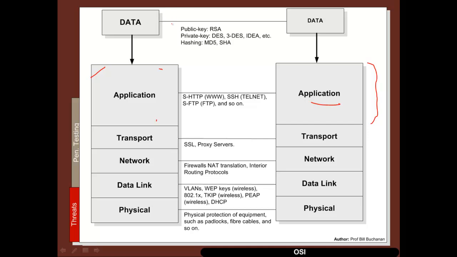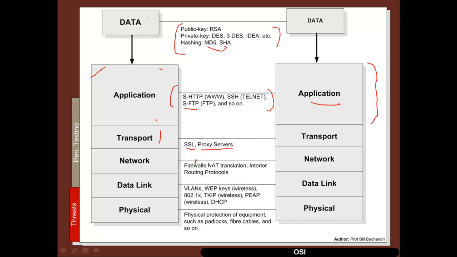So our data itself can be encrypted to keep it secure using RSA, DES, 3DES, and we can involve some sort of hashing onto the data before it goes through the stack. At the application layer we have security protocols such as HTTPS, SSH, SFTP and so on, which build on secure sockets. At the transport layer we see this secure socket level, and we can also have the concept of proxy servers.